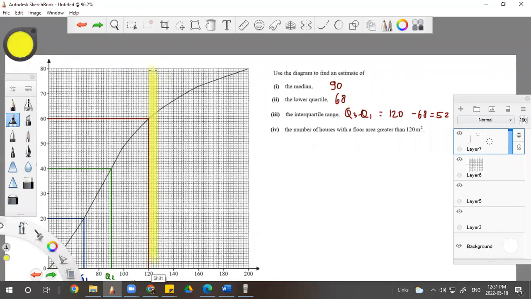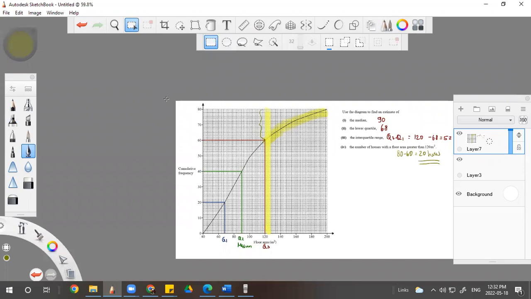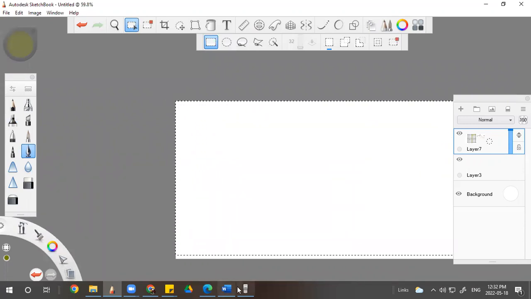Start from here, and then you go right. There you go. So start from 60 until 80. So 80 minus 60, that's it. 80 subtract 60, so 20 houses. Okay, that's it. Now, what is the next question?